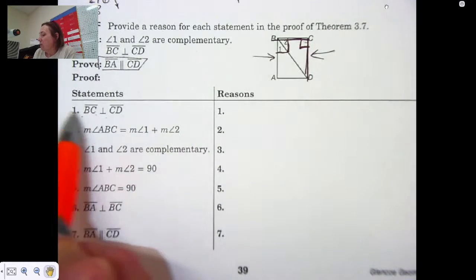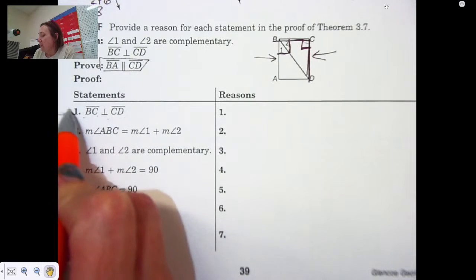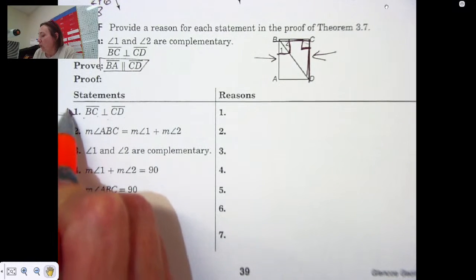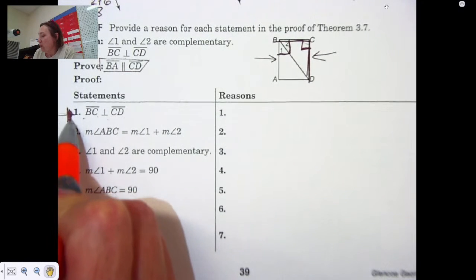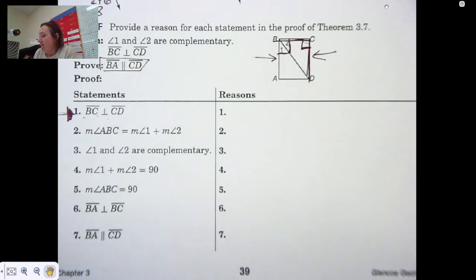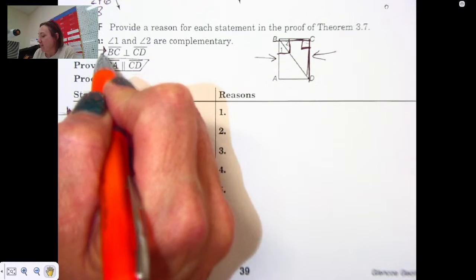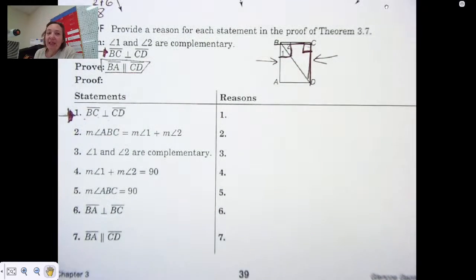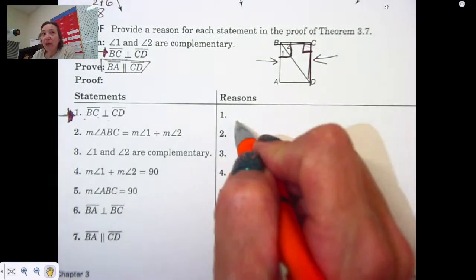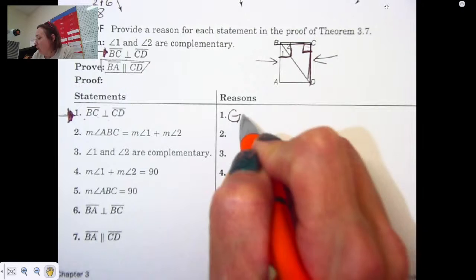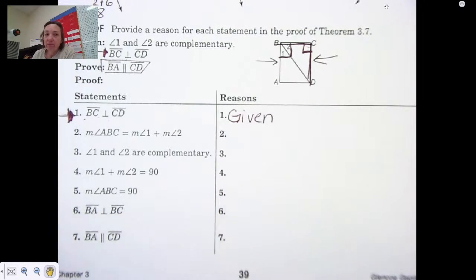Just even more basic than that. It says it right there. So whenever they tell it to us, what is our reason for it? Given. So we put given for our reason.